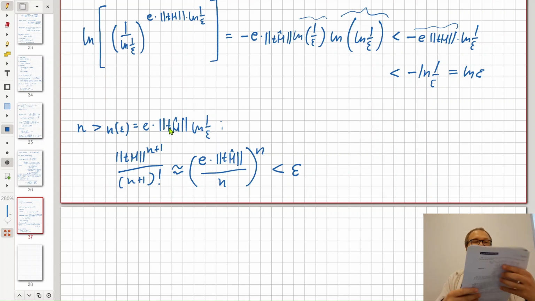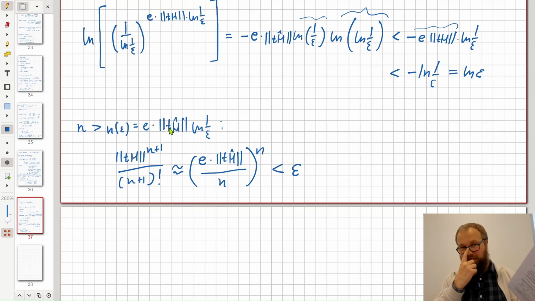So, for example, you have the lower bound here. It means you cannot achieve better accuracy by this n. I see it's not a lower bound.